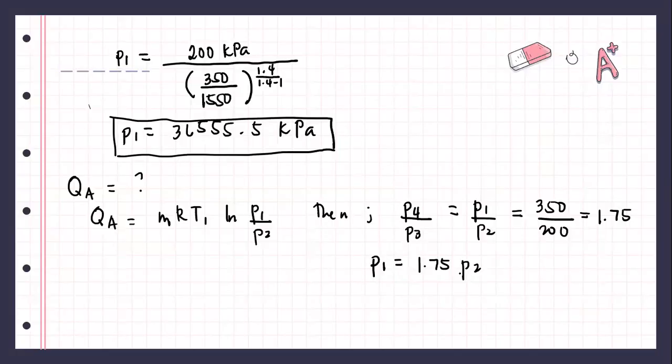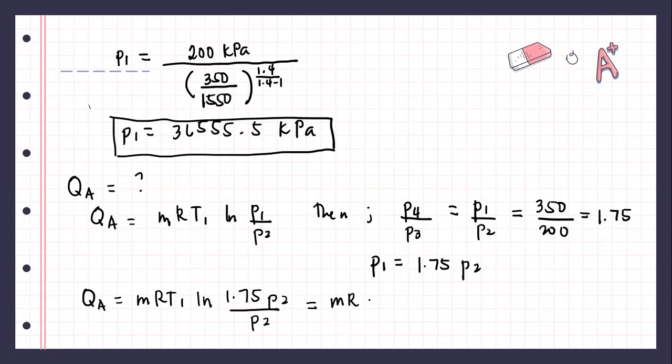P1 is equal to 1.75 P2, then heat added is equal to MRT1 ln 1.75 P2 over P2. Therefore, this one is equal to MR T1 ln 1.75. Cancel your P2 here.